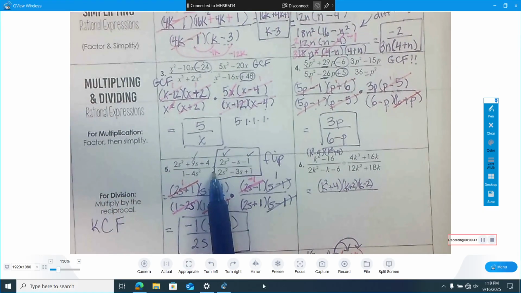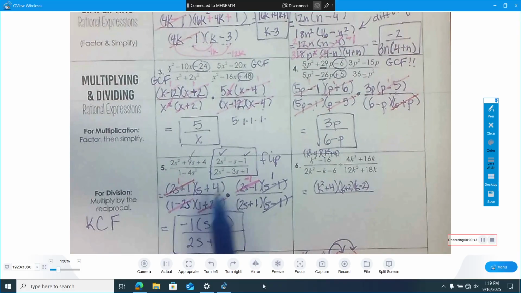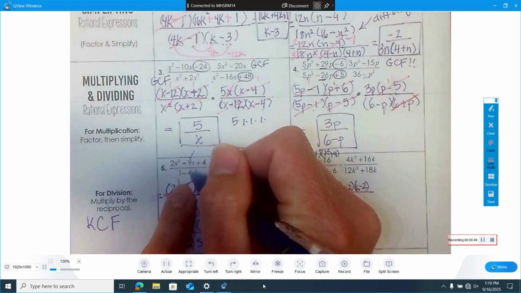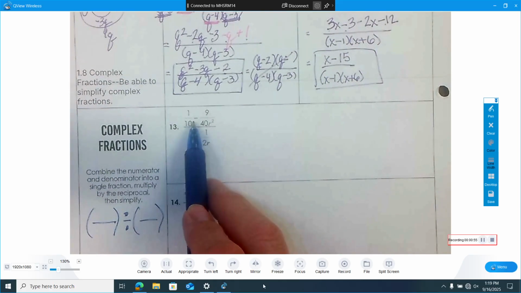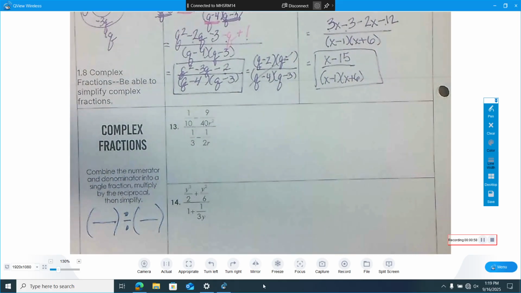Here is the same exact thing, except here we have a single fraction. And here, on number 13, we have a fraction minus a fraction. So we actually have to clean some things up first, okay?